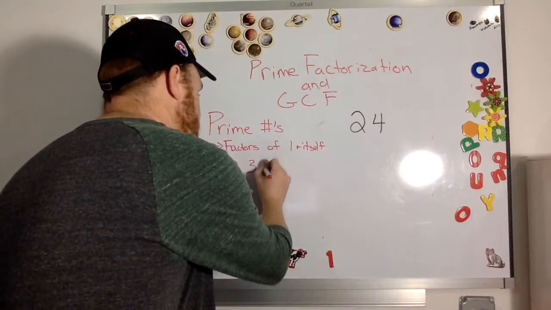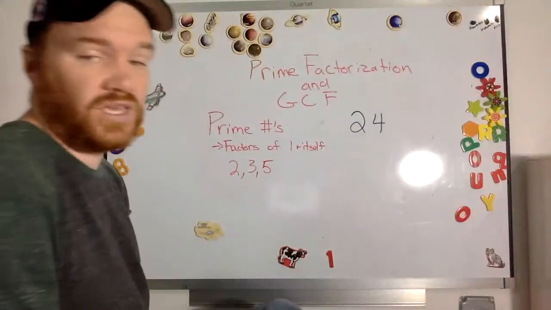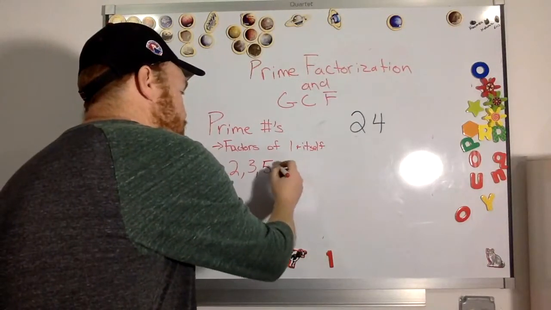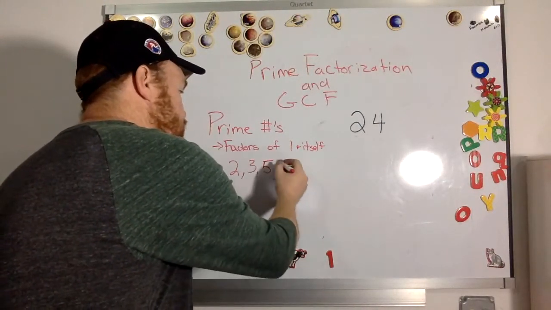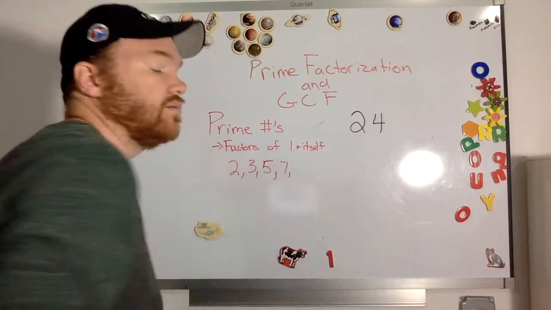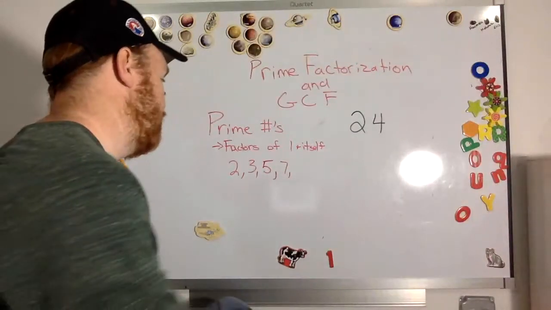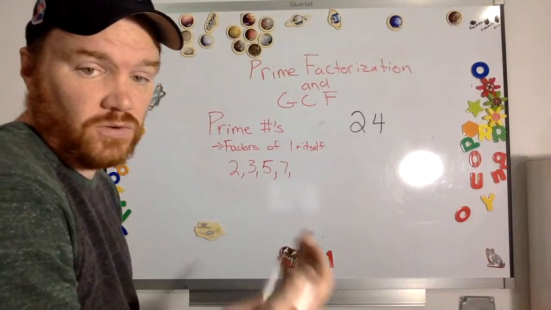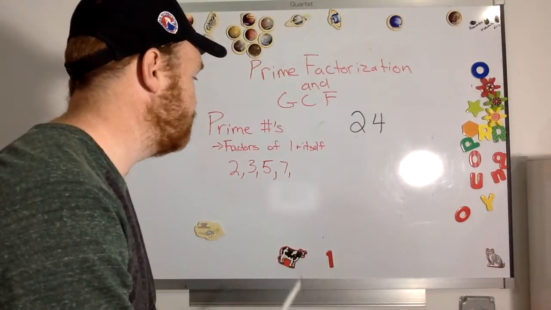So 4 is not, but 5 is. I can only get 5 by doing 1 times 5. 6 is not because 3 times 2 is 6, but 7 is. 7 is prime. 8 is not because 2 times 4 would give me 8, so that has something else.